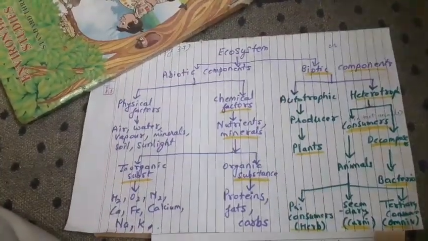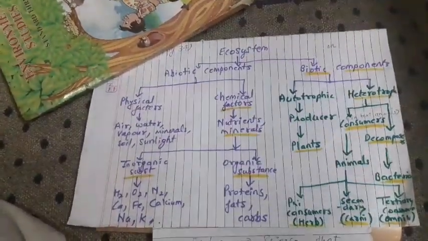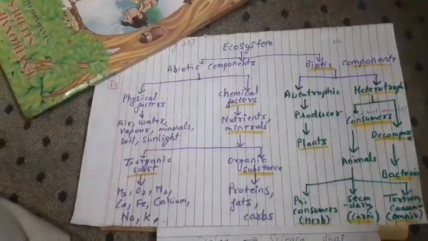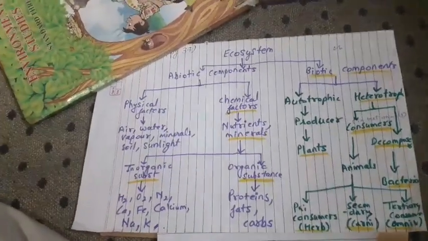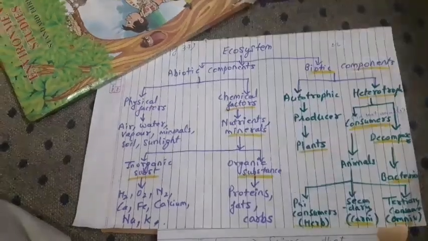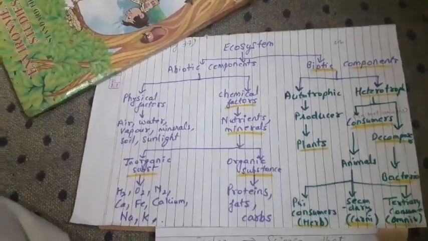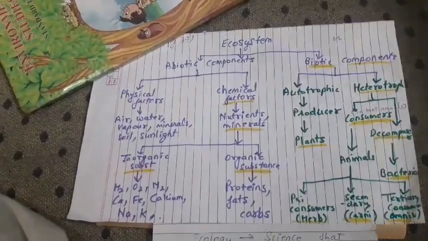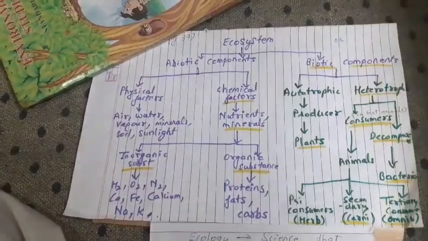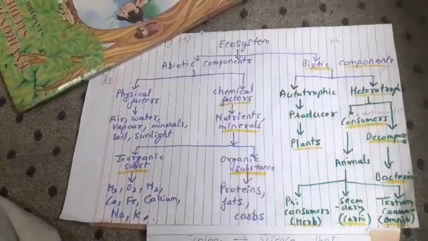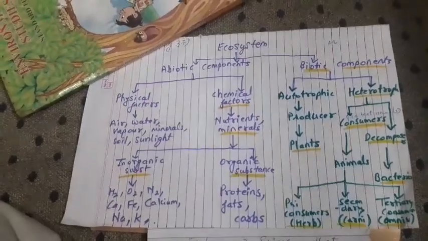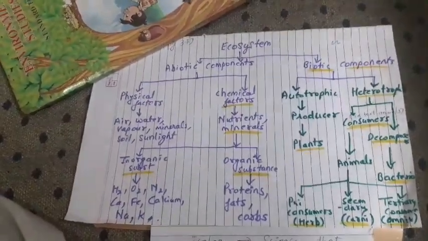Why do chemical factors come under chemical factors, why has the term chemical been used? The reason is that these components, these non-living things, when they move in the food chain from one group of animals to another group of animals, their structure and chemical properties change.